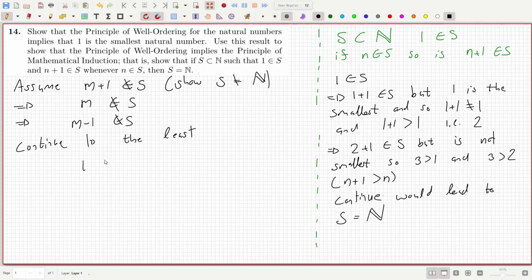So you'd get 1 is not in S, but that then would contradict the start.